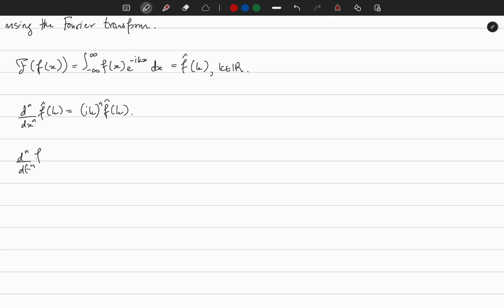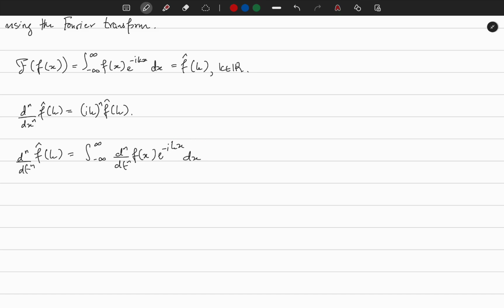So the nth derivative with respect to t of the transform function will be the integral from minus infinity to infinity of the nth t derivative of f of x, e to the minus ikx dx.